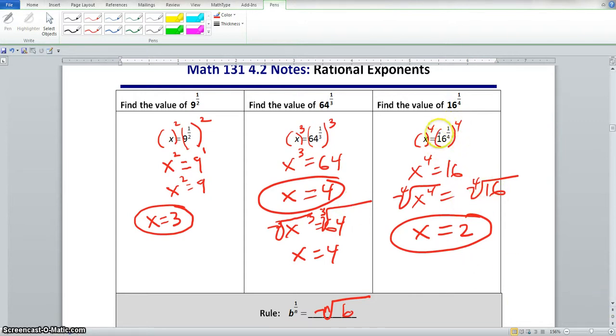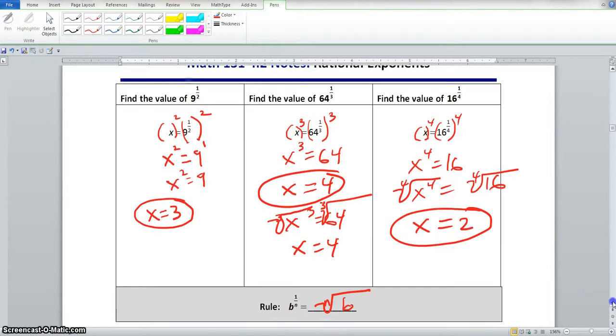When we took this problem here, 16 to the 1/4 ended up becoming the 4th root of 16. So all we did here was we took the n value and put it in as the index of the radical. And we did that here, the nth value, which was 3, and we put that as the index of the radical.